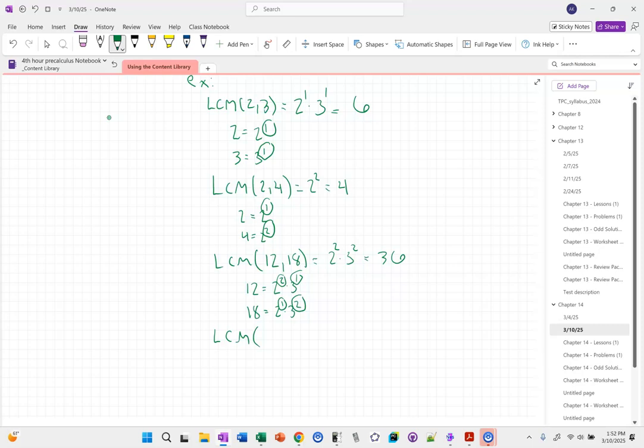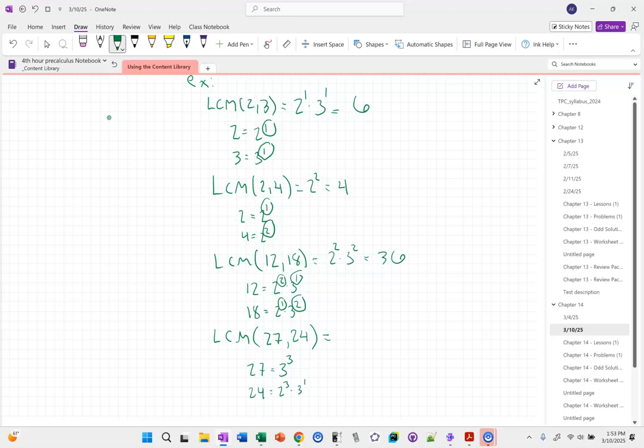Let's do 27 and 24. So again, we start with the prime factorization. The prime factorization of 27 is 3 cubed. The prime factorization of 24 is 2 to the third times 3 to the first.